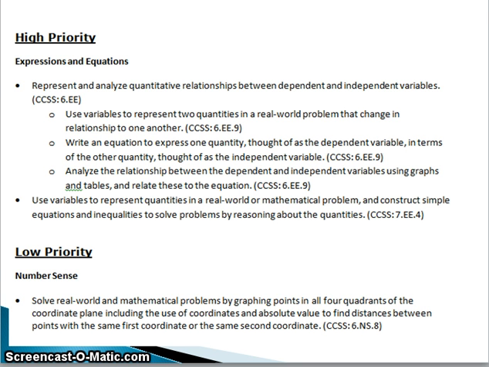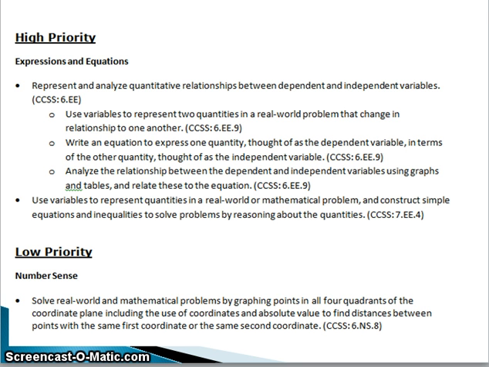The TCAP considerations provide a list of standards that are not included in the current grade level CAP documents because they are now taught at prior grade levels. The notation in parentheses after each standard tells the grade level. For example, CCSS 6EE is Common Core State Standards 6th grade.